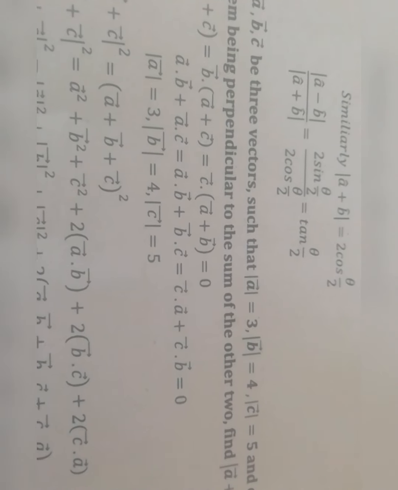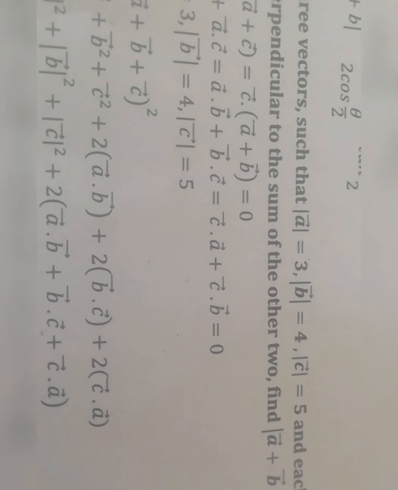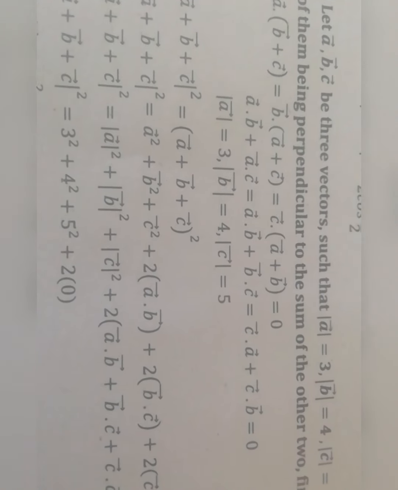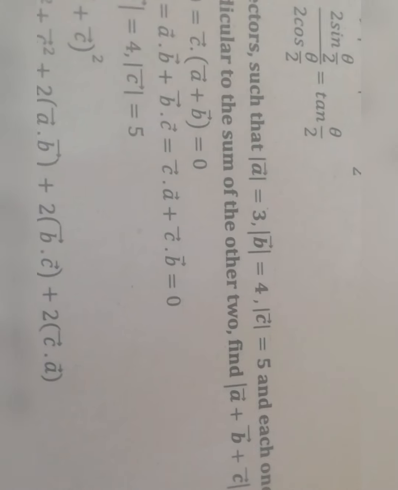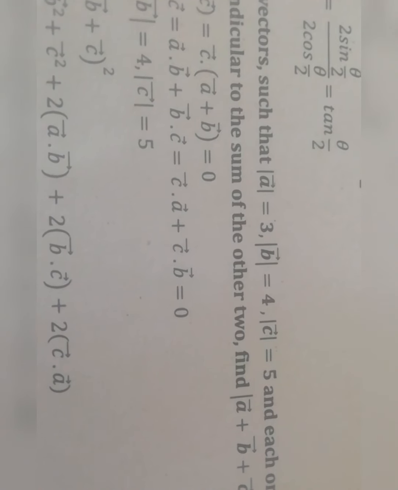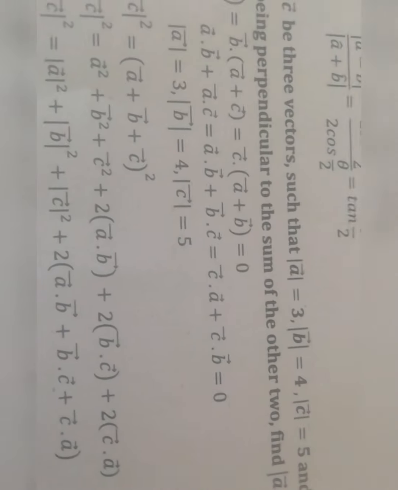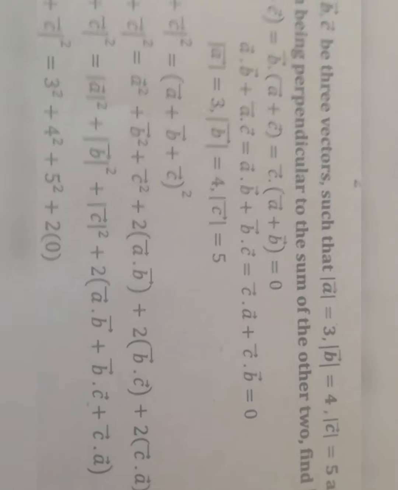Previously I told you if A, B, C are perpendicular then A dot B, B dot C, C dot A equal 0. But here the given condition is only that one vector is perpendicular to the sum of the other two vectors. If you take A, the other two vectors are B and C. If you take B, the other two are A and C. If you take C, the other two are A and B. So A vector dot (B plus C) equals B vector dot (A vector plus C vector) equals C vector dot (A vector plus B vector) equals 0.